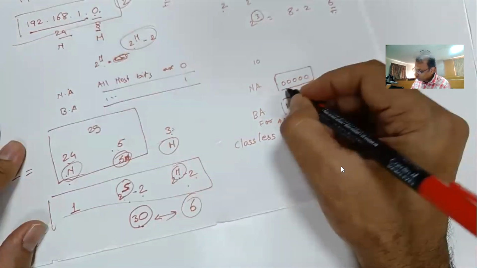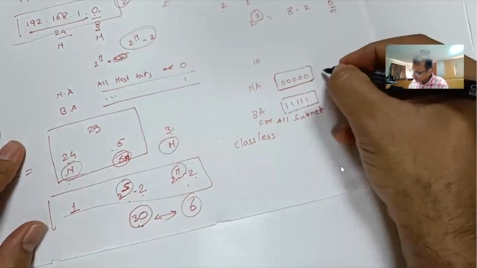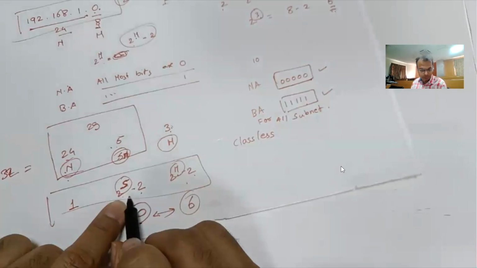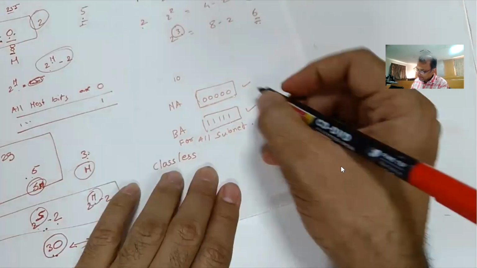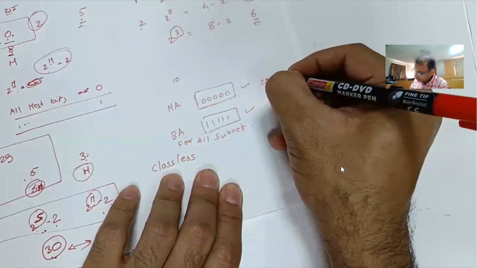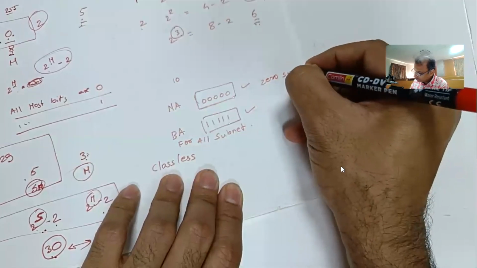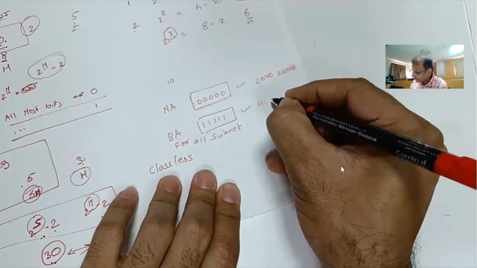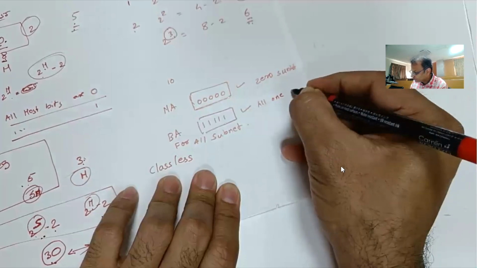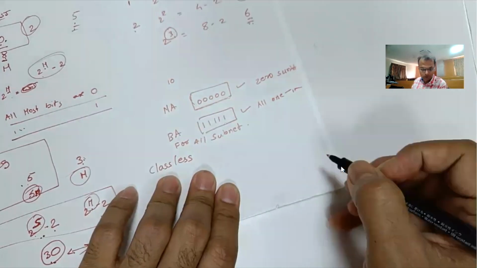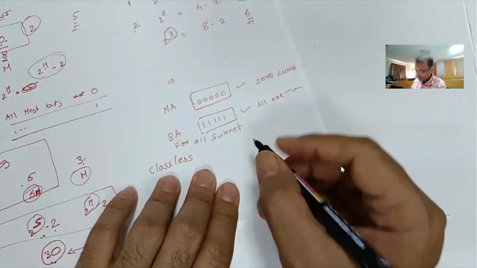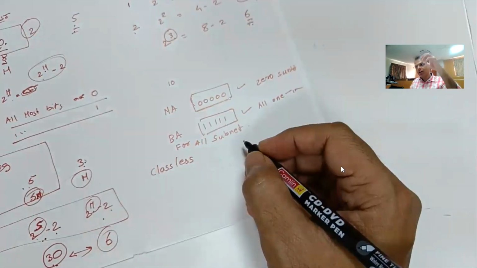So again, 2 addresses are reduced from the actual number of subnets. This is called the 0 subnet, and this is called the all 1 subnet. Now this concept is used by a manufacturer depending on your requirement.